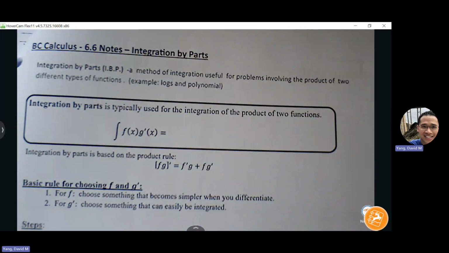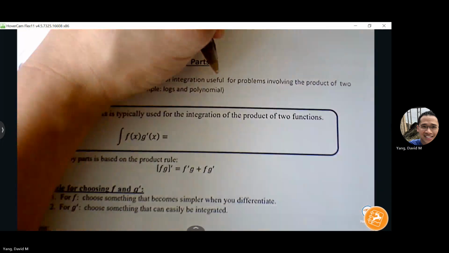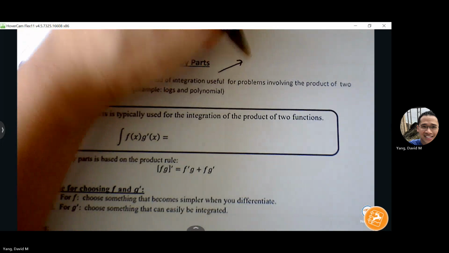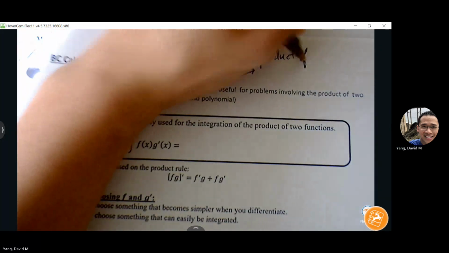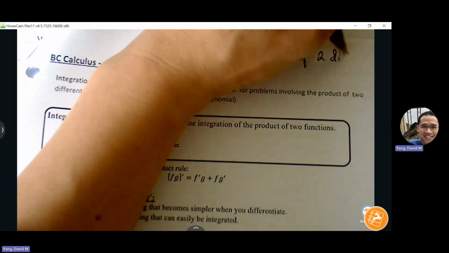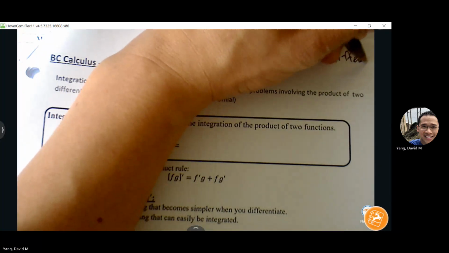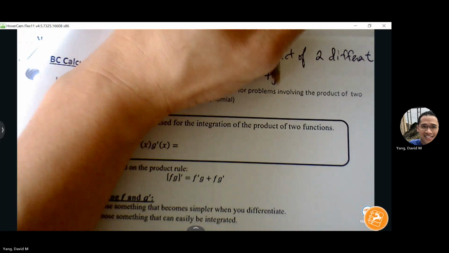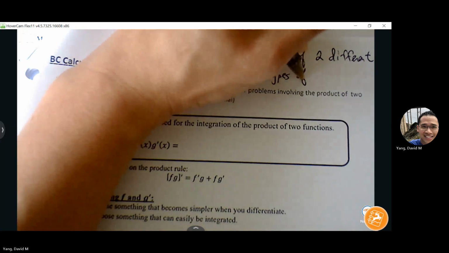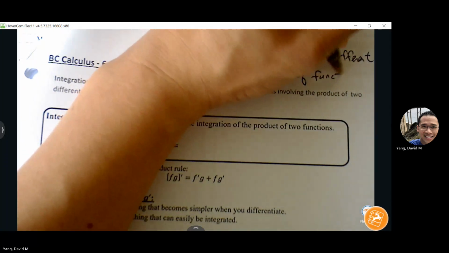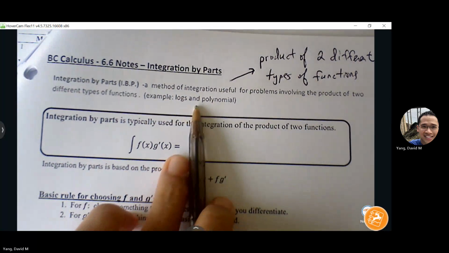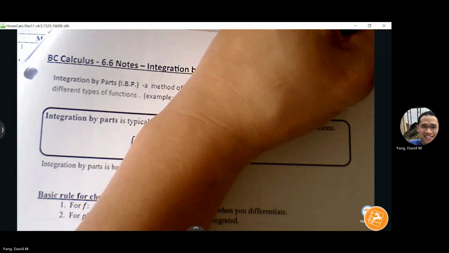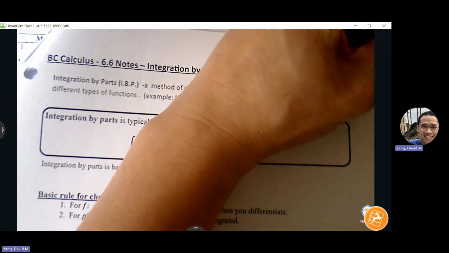So I'll write this out again. The product of two different types of functions. Let's see, I'm going to write these here.